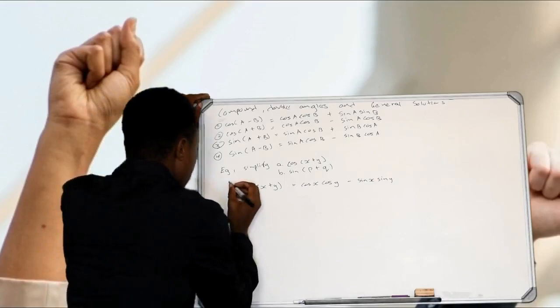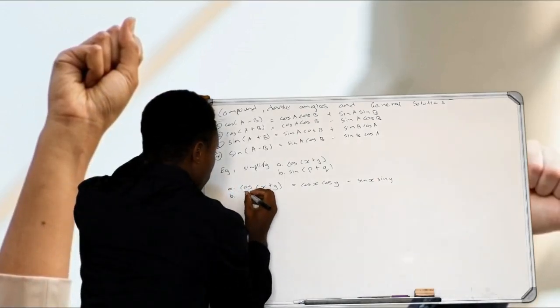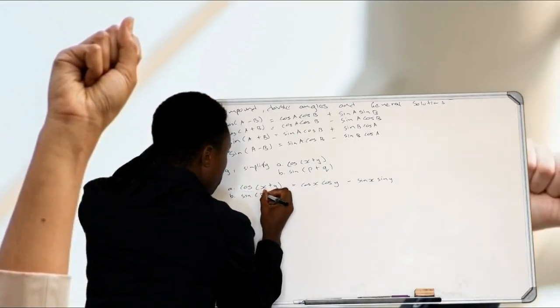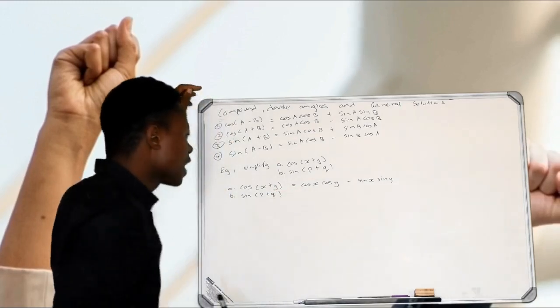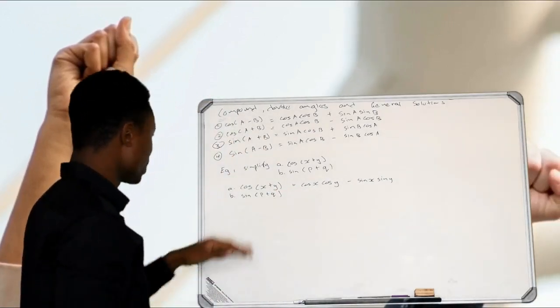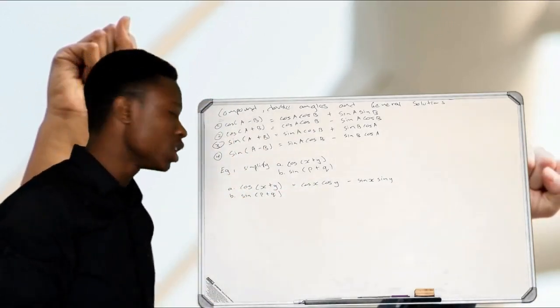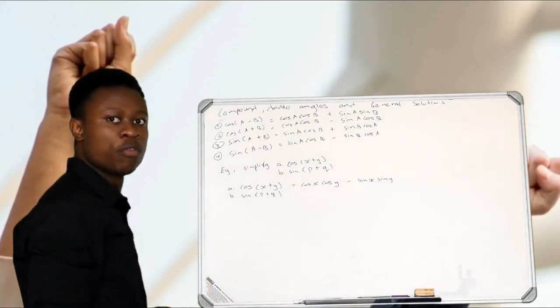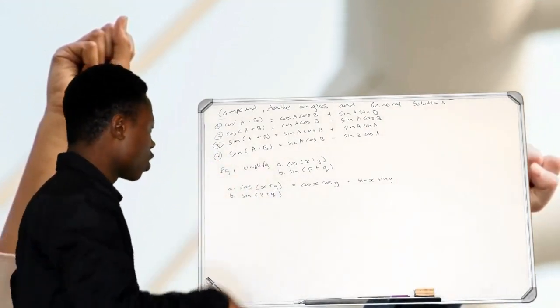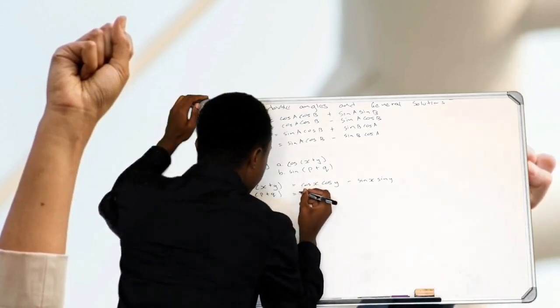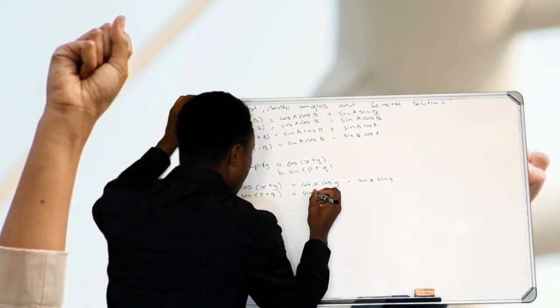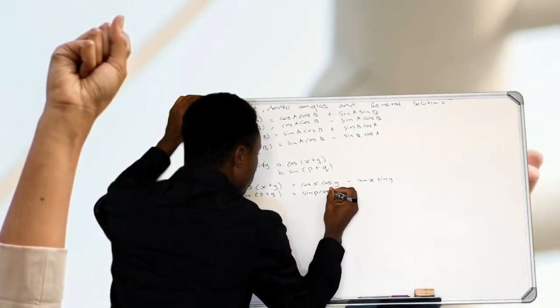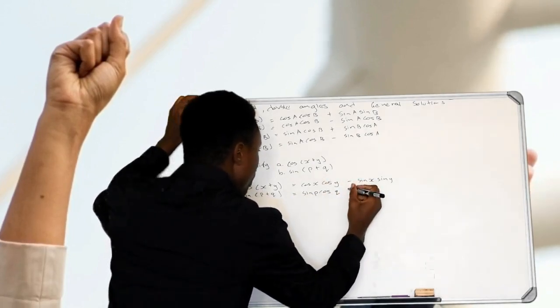Let's look at example B, right? Sin(P + Q). What do we know about sine? We know that the sign doesn't change in between, but the angle varies. It goes sine cos, right? So let's see what it says. It becomes sin P cos Q. The sign in between does not change.